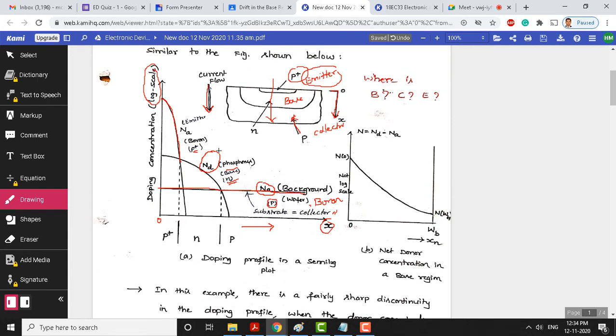So this is what the doping profile shows, and at the bottom, as a function of distance, you are seeing a p plus region, an n region, and a p region. Any questions about this doping profile?